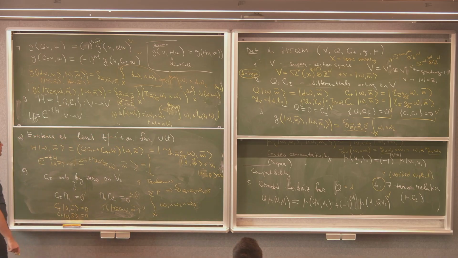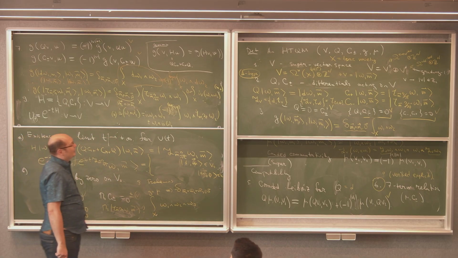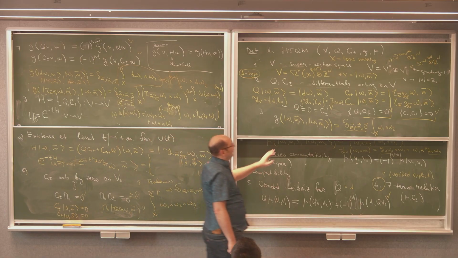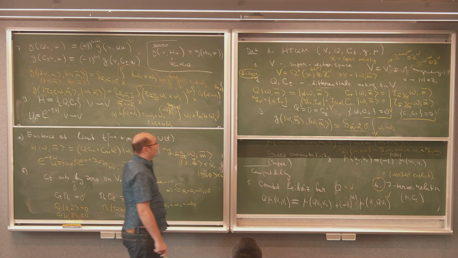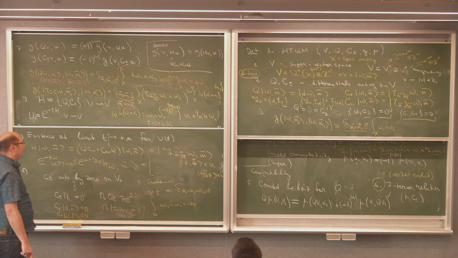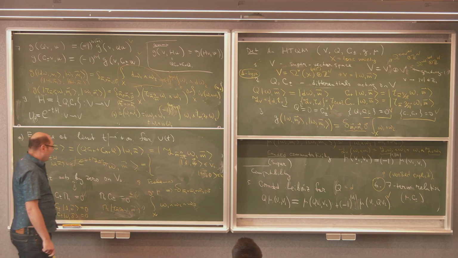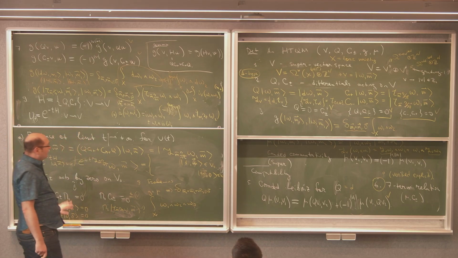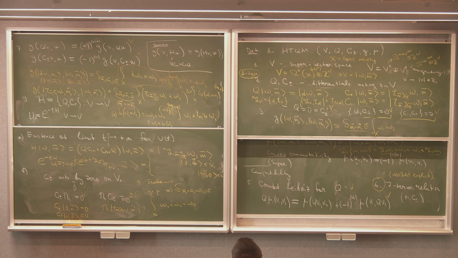Both HDQMs will share the same differential, but G plus minus, pairing and multiplication would look quite different in B-type. And we will introduce this B-type as a part of a mirror construction.